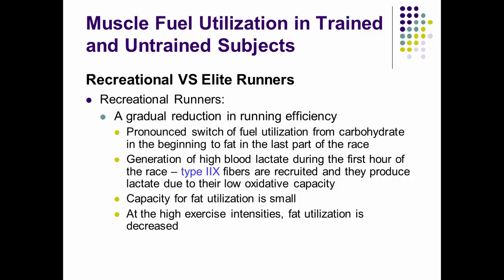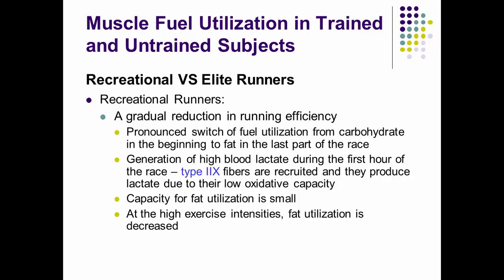They have a more significant switch of fuel utilization from carbohydrate in the beginning to fat in the later stage of the race, right? So the recreational runner relies more on fat oxidation at the later stage, and because the fat oxidation capacity is reduced, that will significantly affect the running efficiency.